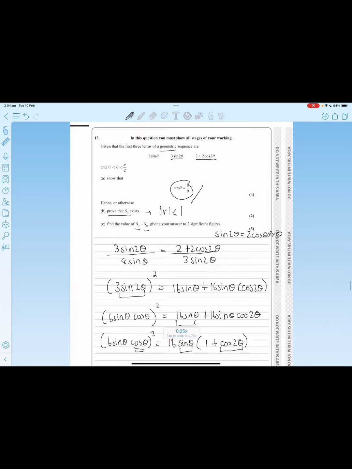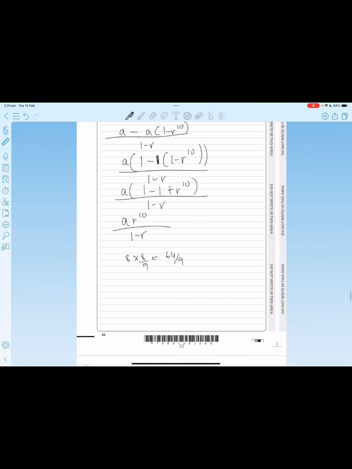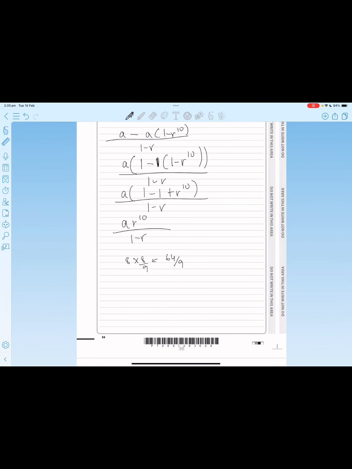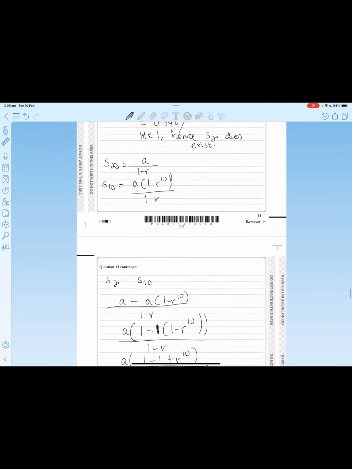What is my a? My a is 8 sine theta. It's my first term. So therefore, my a is going to be 8 sine theta. Sine theta will be calculated as 8 over 9. So this would be 64 over 9. My r to the 10 would just be 0.344 or something, 0.344. Yep.